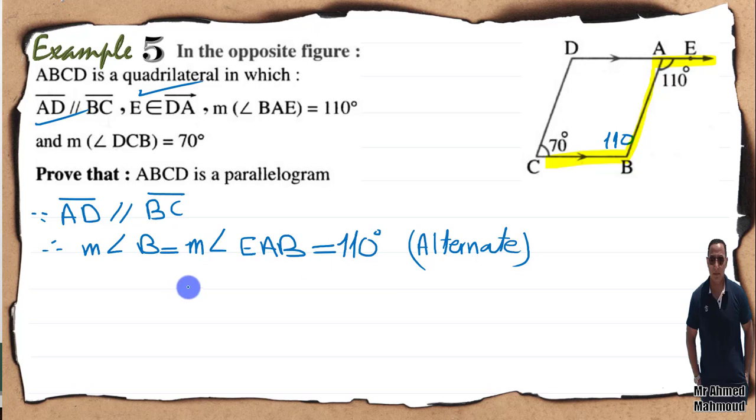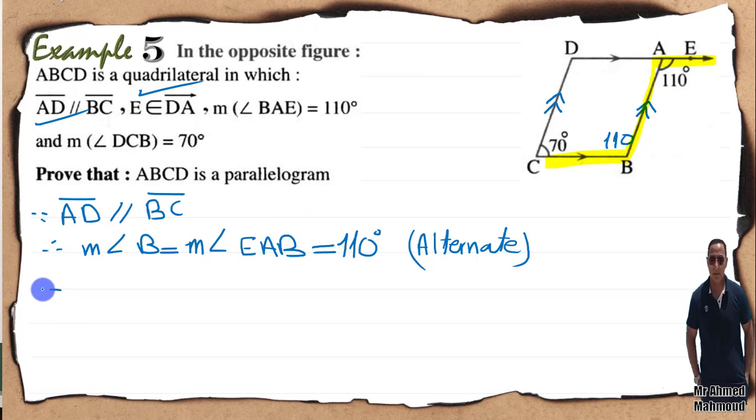Now, by looking carefully, angle B plus angle C together, 110 plus 70 equals 180 degrees. That means AB is parallel to CD because we have two interior angles and at the same time supplementary, so we get AB parallel to CD.